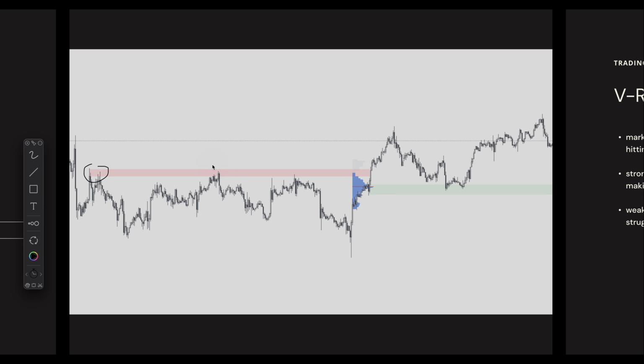Here we have a resistance here, market then proceeds to break it, and rather than make this SR flip, which would be somewhere here, it retraces all the way back to this demand zone, or cluster, I call these clusters, where the highest volume got executed, and this is also the naked point of control, basically. Once this gets hit, market will continue.